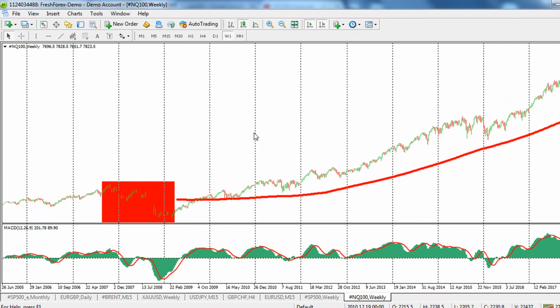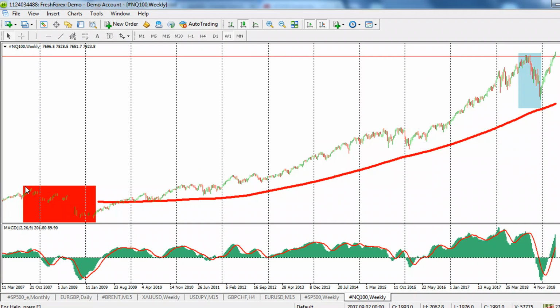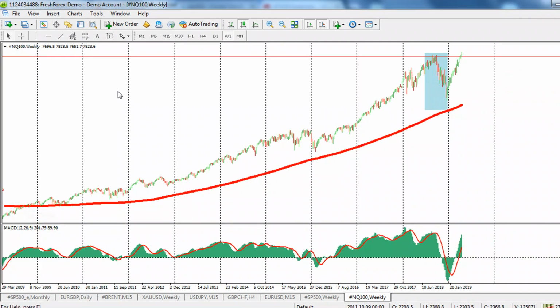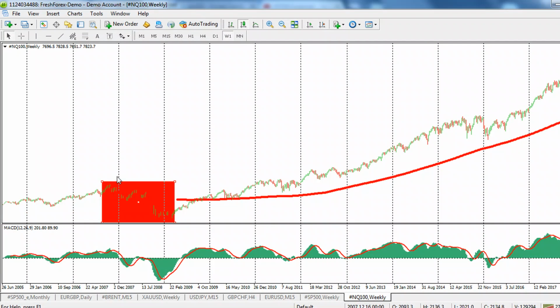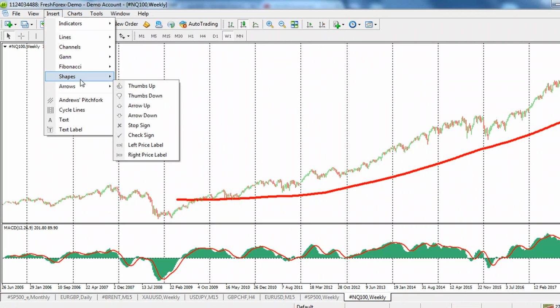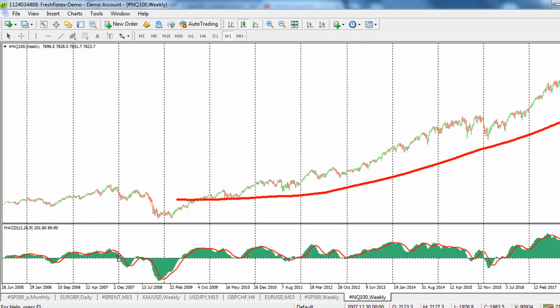So we have the first retracement, the very initial one. This was the first retracement, the one we saw before. Then there was a retracement there. I'll mark them red so we are able to distinguish them.